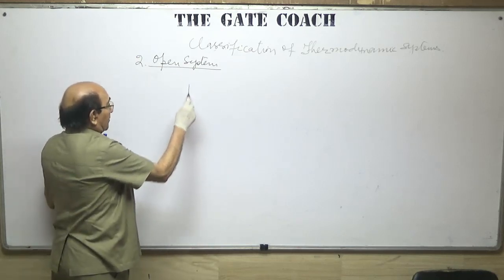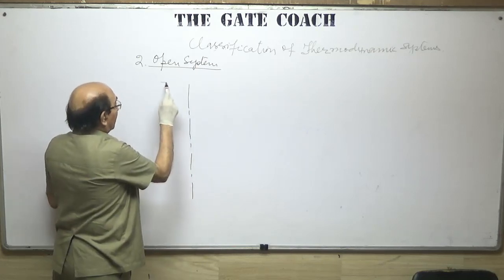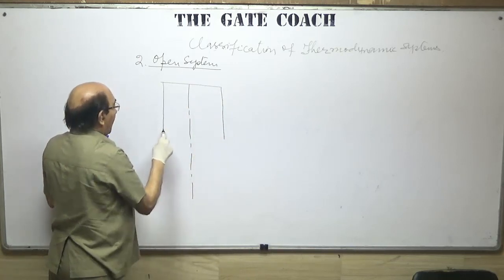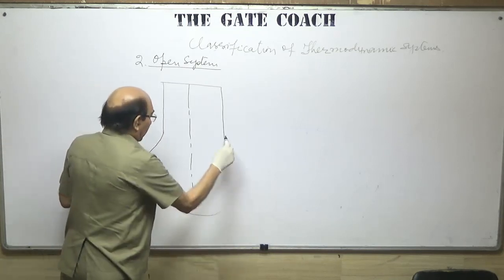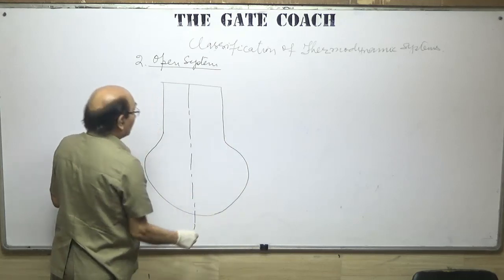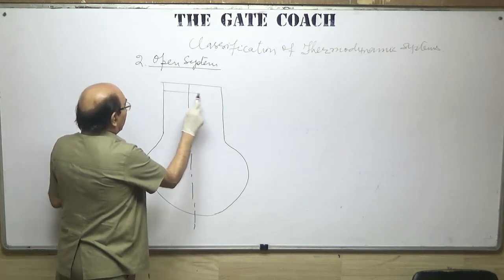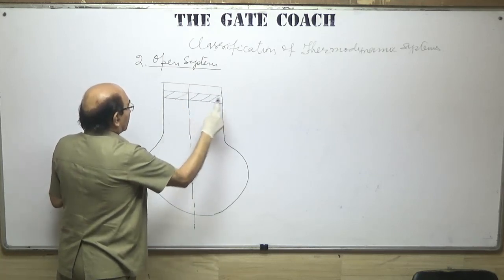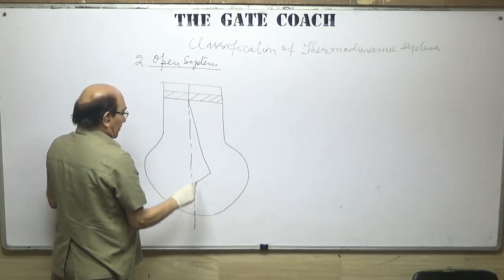In the compressor, what we have is a cylinder and piston arrangement. And then we have the crankcase in which the crankshaft is housed. Then we have a cylinder and piston arrangement, connecting rod, crankshaft.